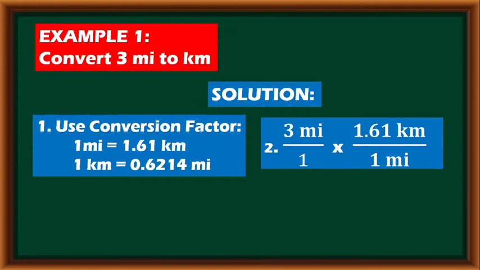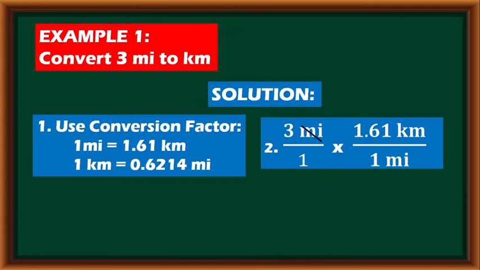Yung given na unit natin, pagdating doon sa conversion, laging ilagay sa denominator. Okay? So, kung ang denominator natin ay mile, pwede natin gamitin yung 1.61 kilometer divided by 1 mile.